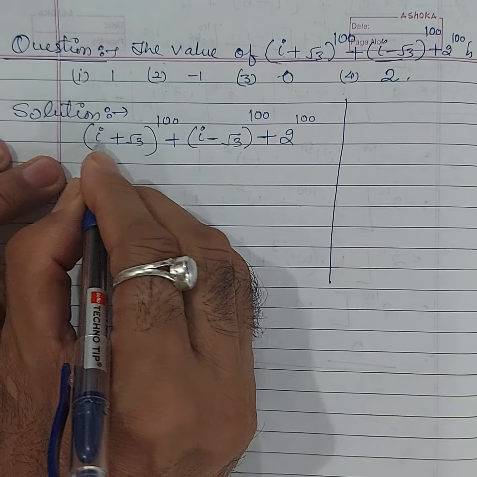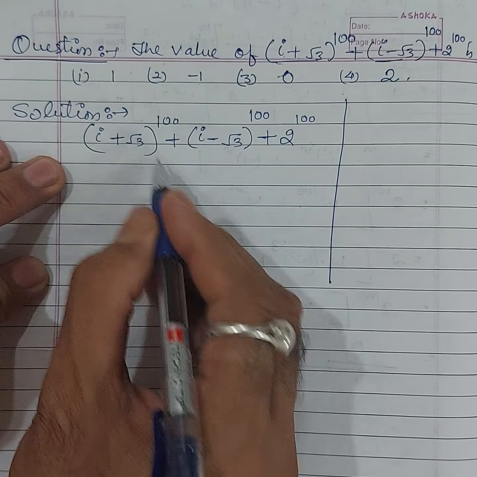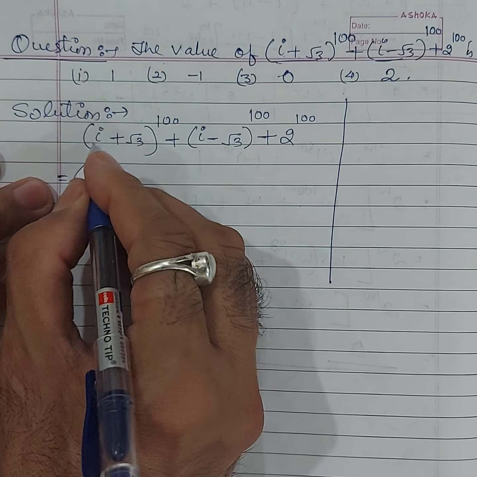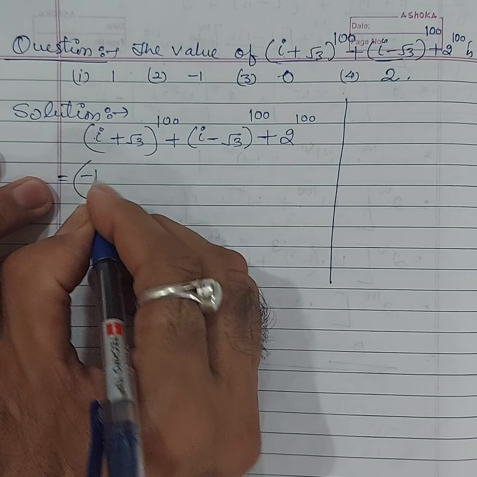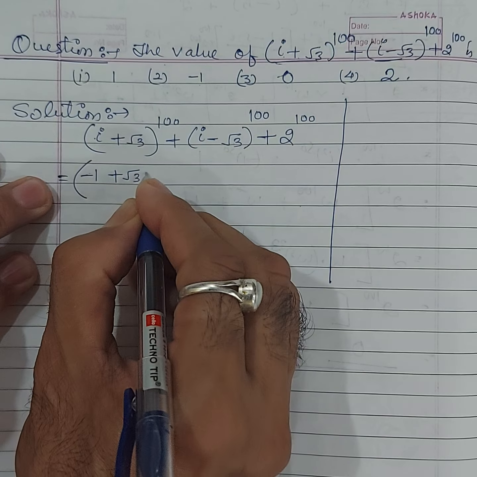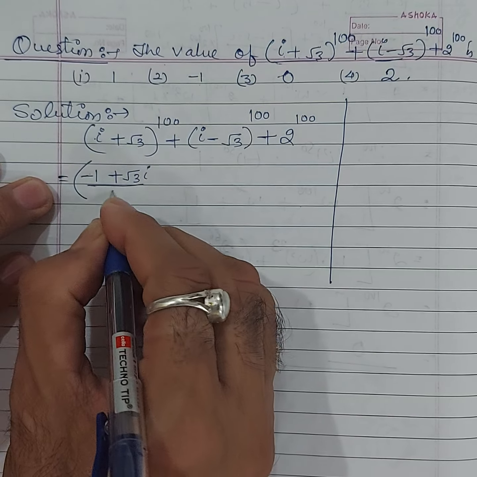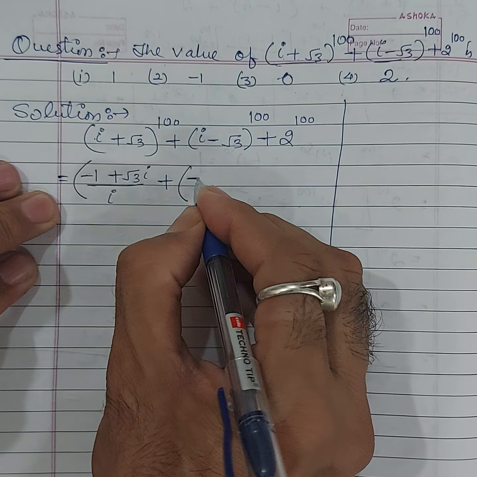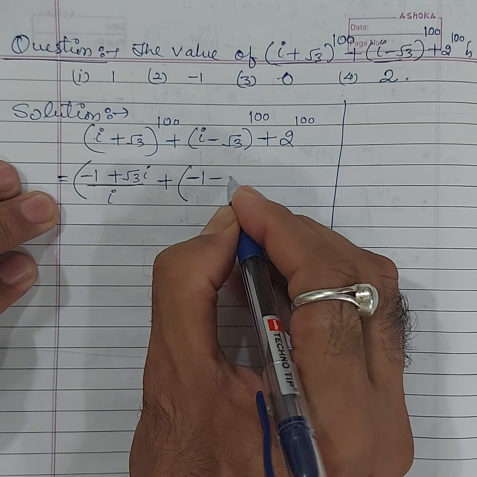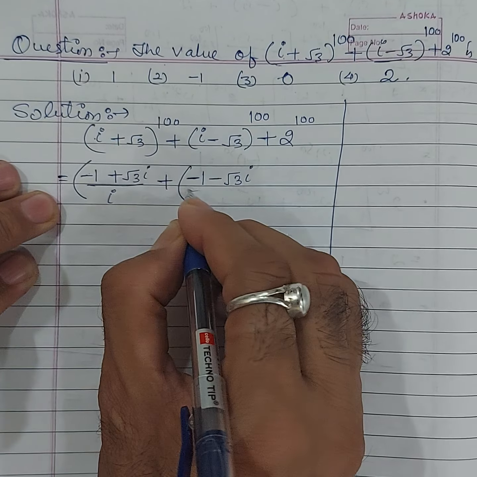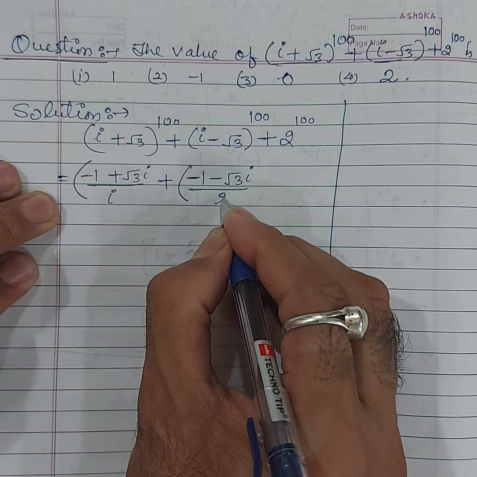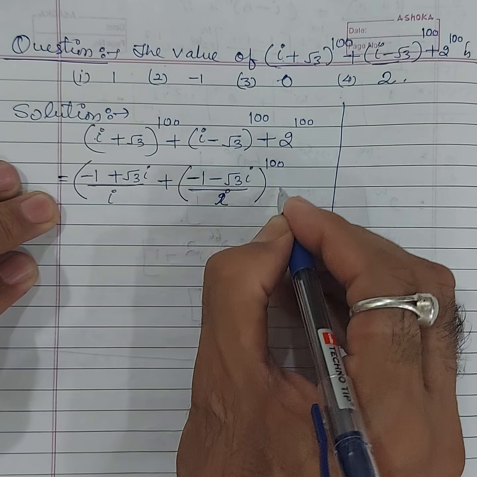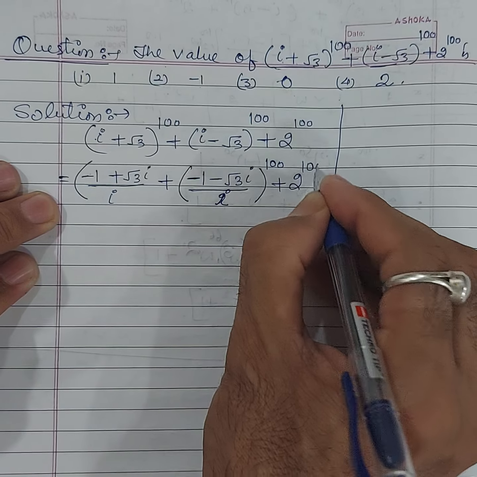We will divide and multiply by i, so we get here i² is −1, so (−1 + √3 i)/i, plus if we multiply this we get i² is −1, so (−1 − √3 i)/i, raised to the power 100, plus 2^100.